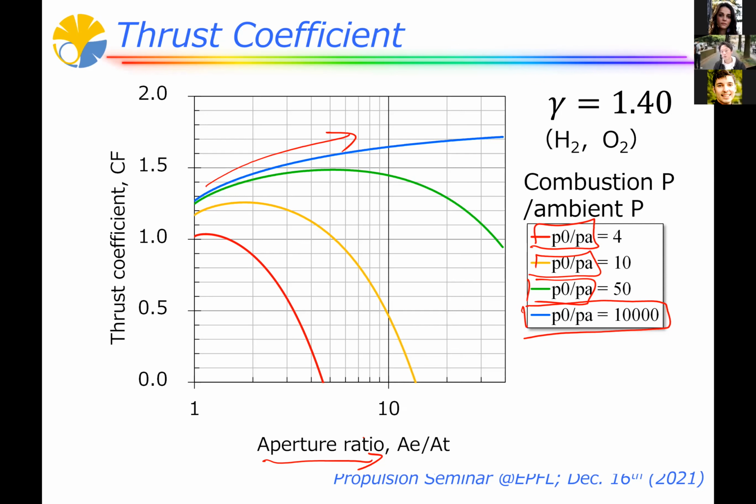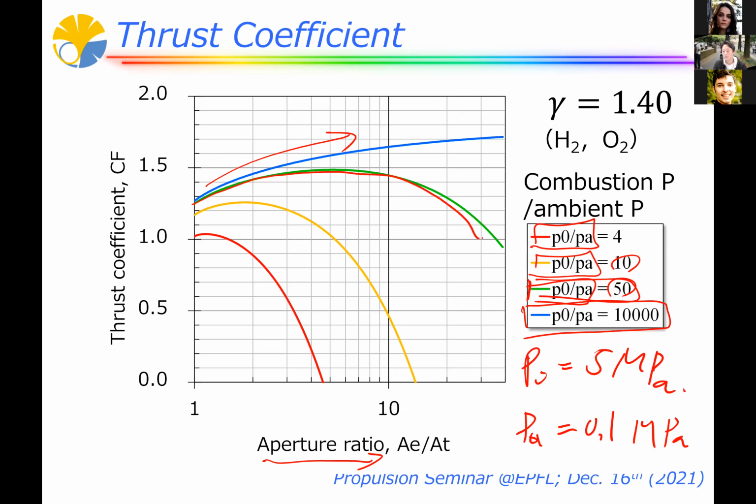But if you use a propulsion system for the launch vehicle, at the initial point of the launch there is an ambient pressure around the rocket. So this pressure ratio becomes a finite value, like 10 or 50 or 100. For example, if you have a P0 of 5 megapascal and ambient pressure is 1 atmosphere, so 0.1 megapascal, in this case the pressure ratio becomes 50 and CF becomes this green line.